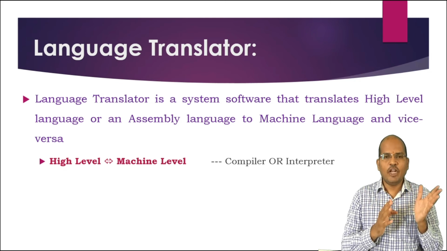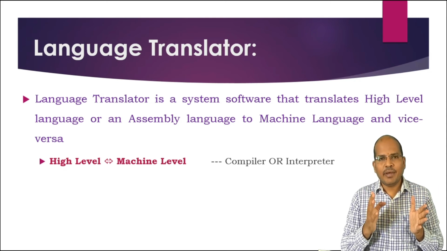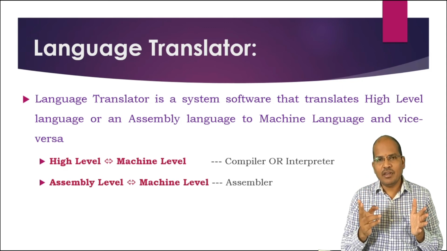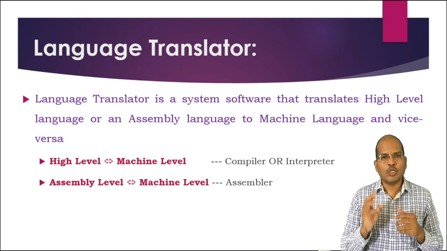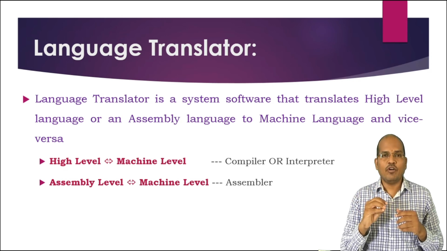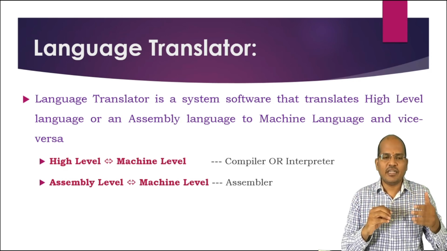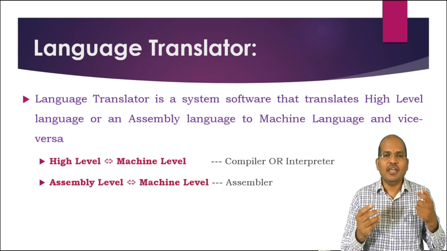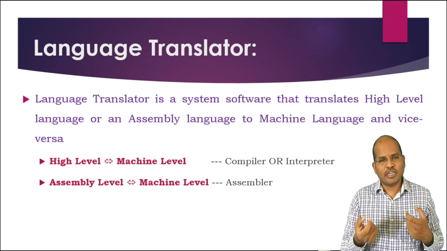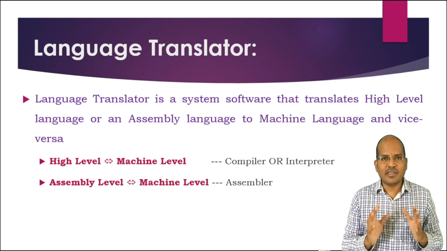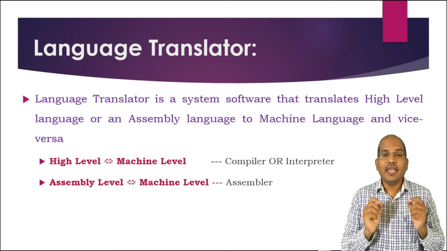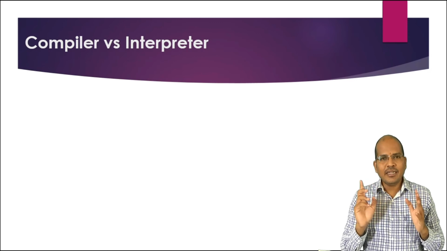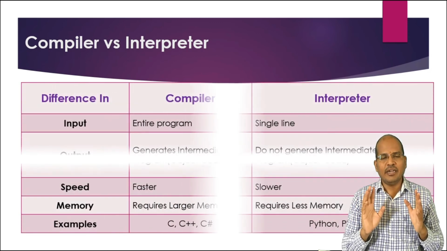High level to machine level is done by a compiler or interpreter, and assembly level to machine level or vice versa is done by an assembler. Compilers and interpreters perform the task of translating high level to machine level or vice versa, and assemblers take care of converting assembly language codes to machine codes and vice versa. So a language translator is not a device, it is basically a system software. Keep that in mind.